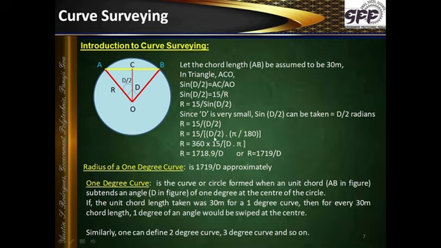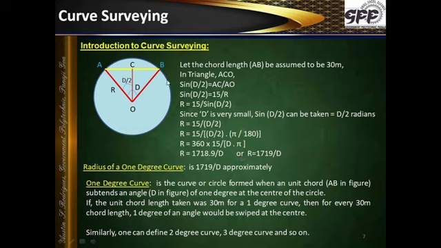The denominator of the denominator is 2 and 180, 2 into 180 becomes 360, which goes on top. So R is equal to 360 into 15 divided by d pi, or R is equal to 1718.9 divided by d.